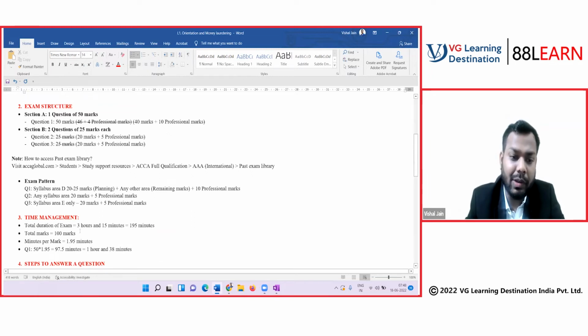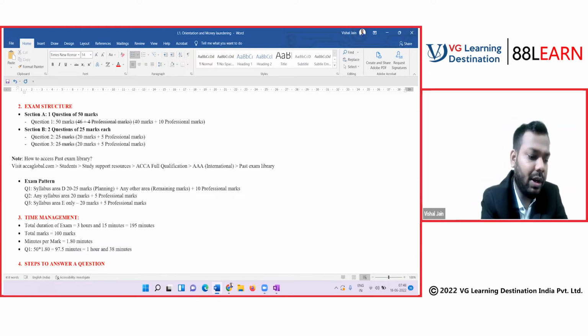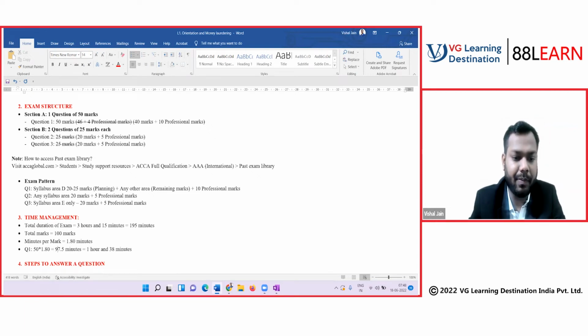So always treat it as 1.80, and make it 50 into 1.8, which is 90 minutes. Okay, so it is 1 hour 30 minutes, that is 1.5 hours, right?